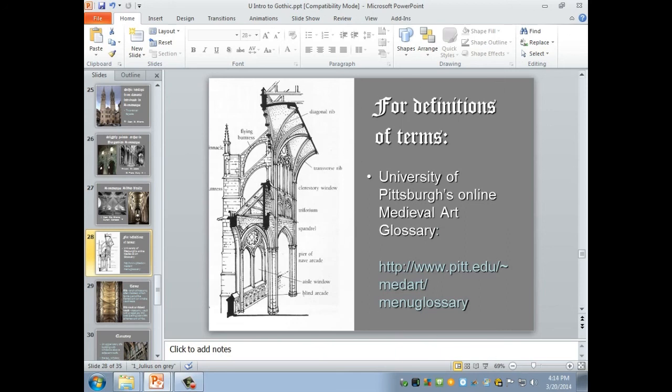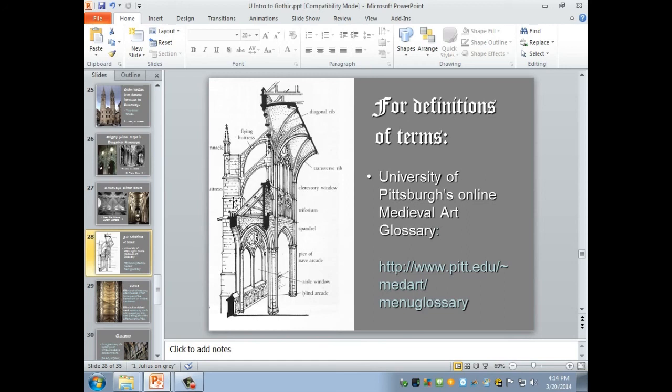We're looking here up into the vault of Amiens Cathedral, and it's what we call a four-part vault, quadripartite. But you can see the ribs. And the ribs, that's a definition, a rib is an arch of masonry, often molded. In other words, having a design, a molding that makes it stick out, which forms part of the framework on which a vault rests.